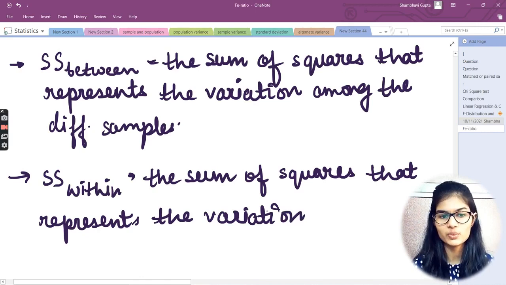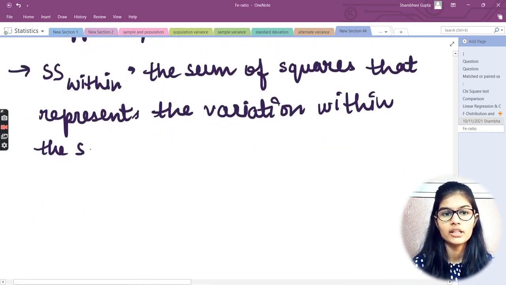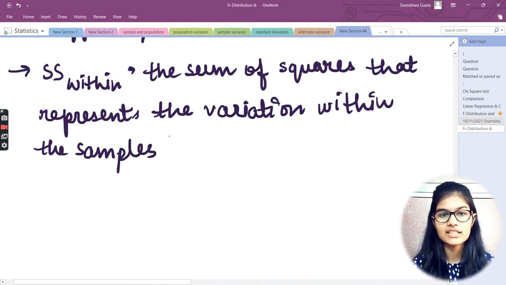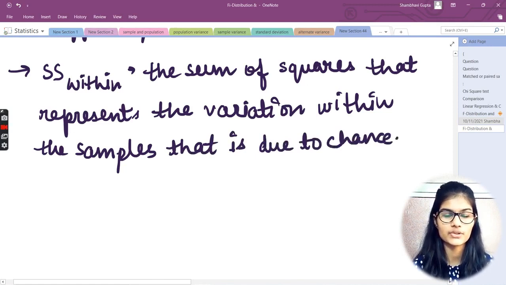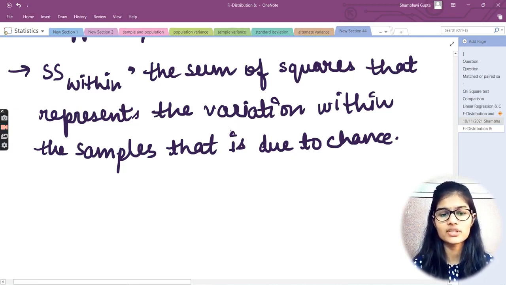SS within is basically the sum of squares that represents the variation within the samples, and that is due to chance.